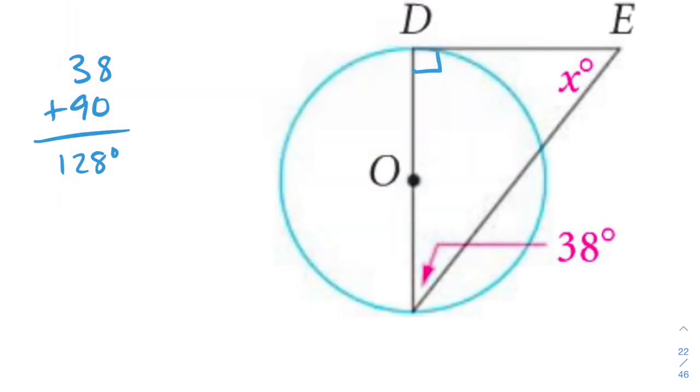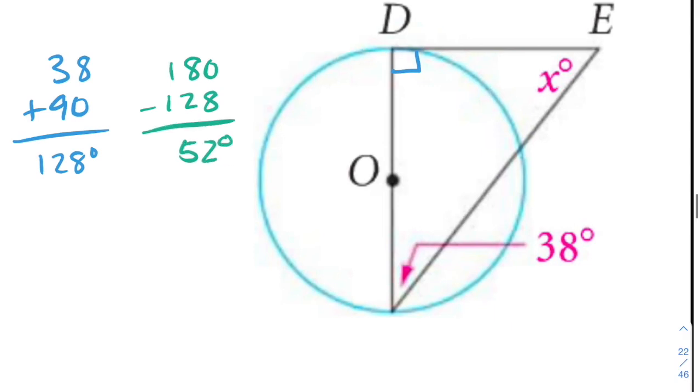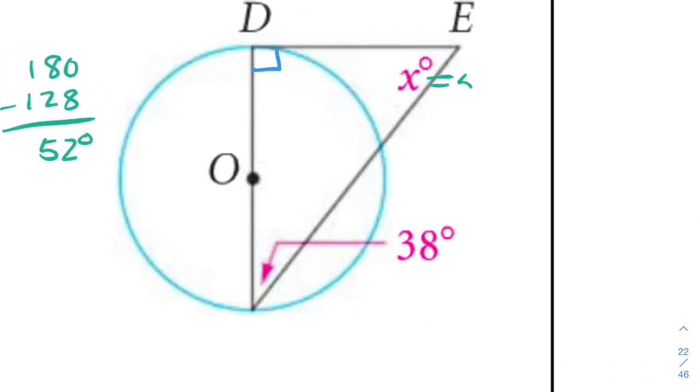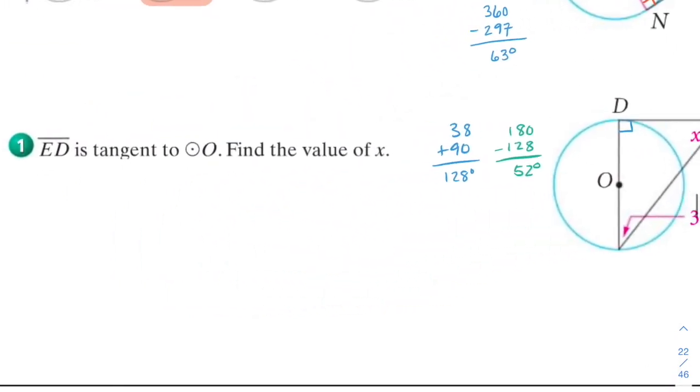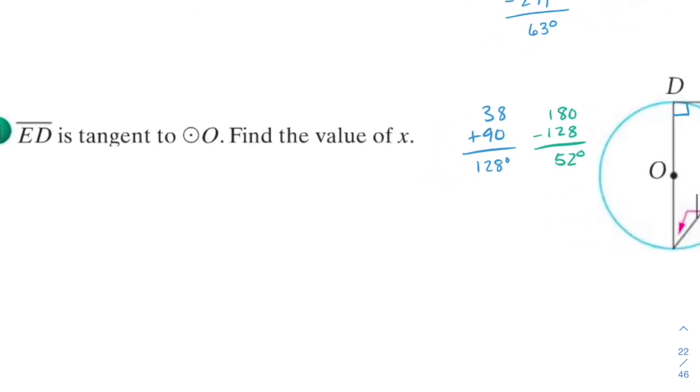And so we're going to do 180, take away 128, and we get 52 degrees. Very quickly we find that that has to be 52 if this is going to be a triangle, and if DE is going to be tangent to circle O. So ED is tangent to circle O, so x equals 52 degrees.